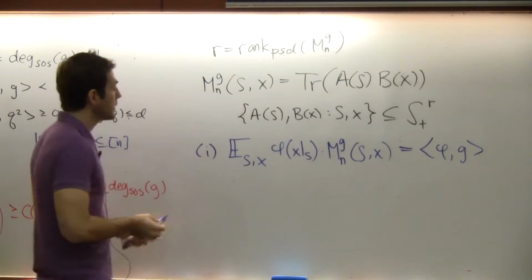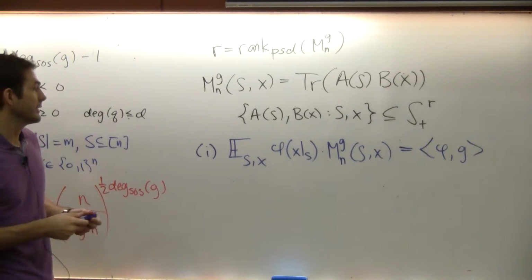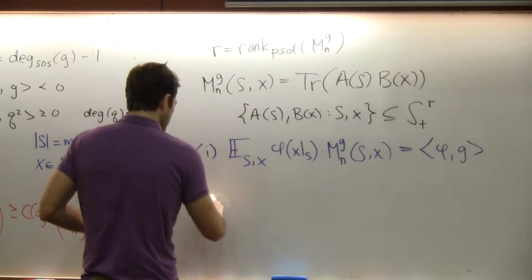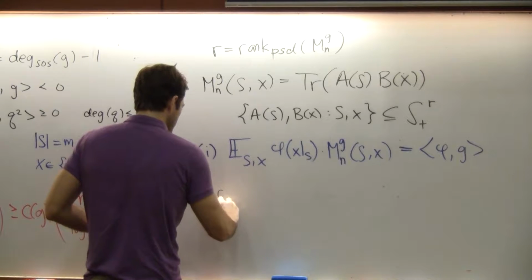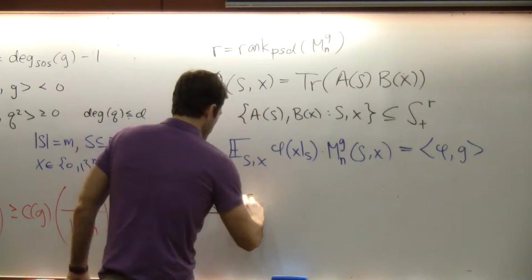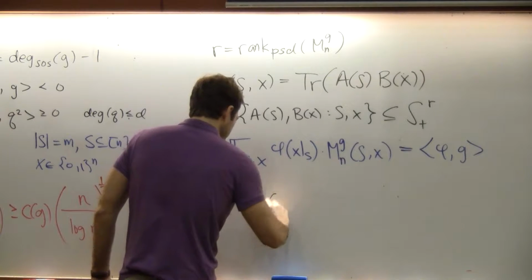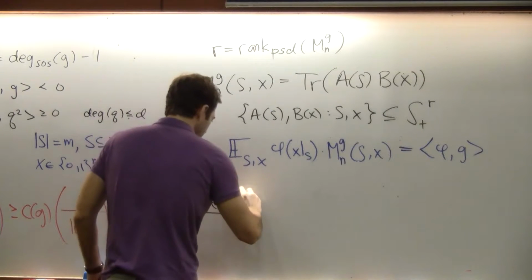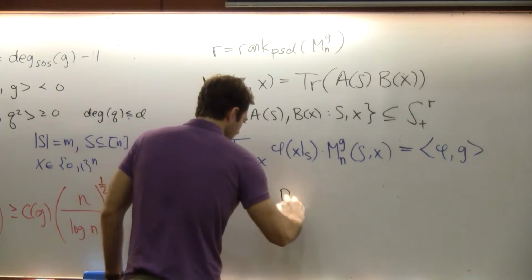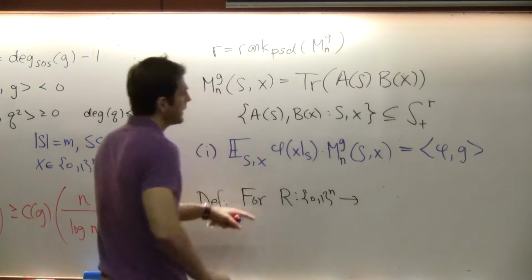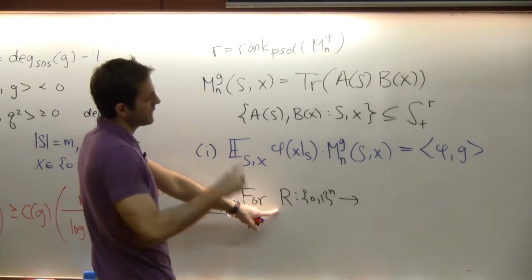And now our goal was to evaluate the same thing on the right-hand side. So to that end, before we write down the second thing we know, let's make a definition. If we have a function that maps 0 1 to the n, this R is going to represent the square root of b.